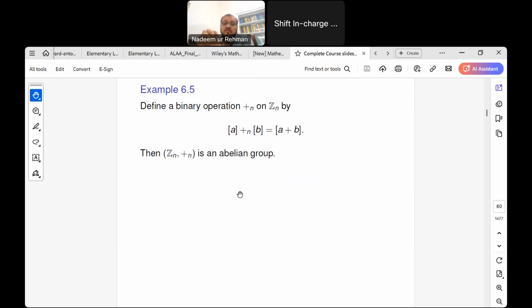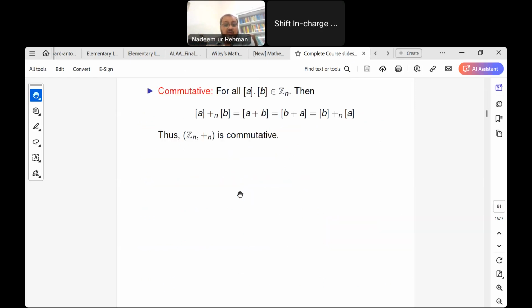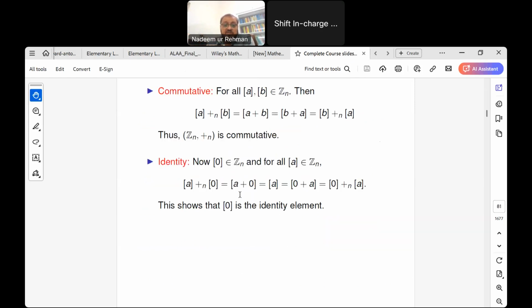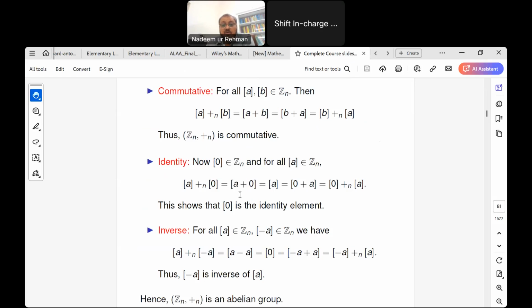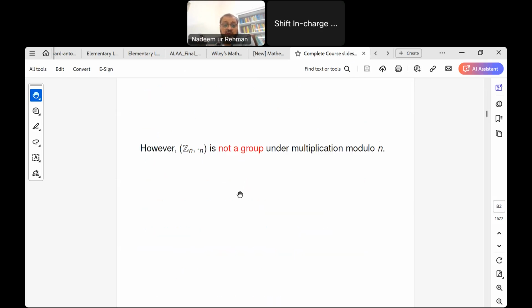Zn is a collection of all the equivalence classes under modulo n, and with the binary operation of addition it forms an abelian group. I already proved this, and it is very important in the field of computer science.